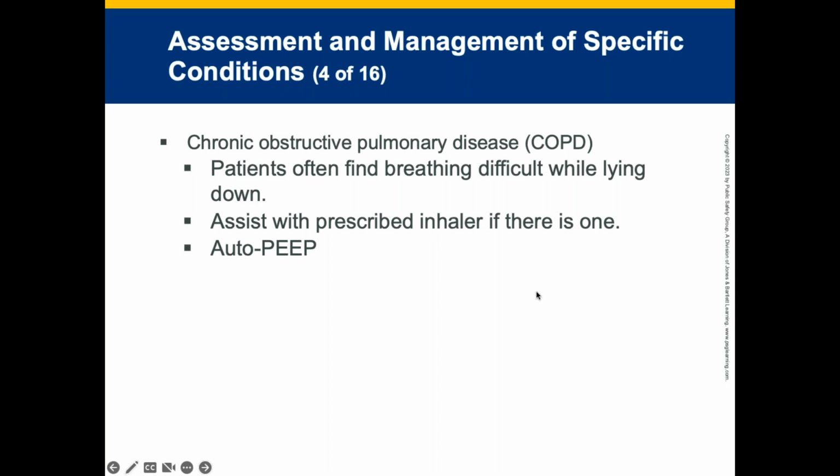Patients who have auto PEEP, where complete exhalation must be allowed before the next breath is delivered, can eventually have a pneumothorax or cardiac arrest. Where auto PEEP is a concern, patients should be ventilated at a rate as low as 4 to 6 breaths per minute.